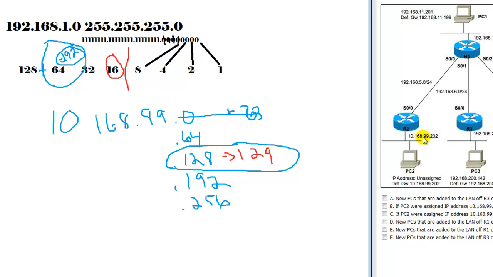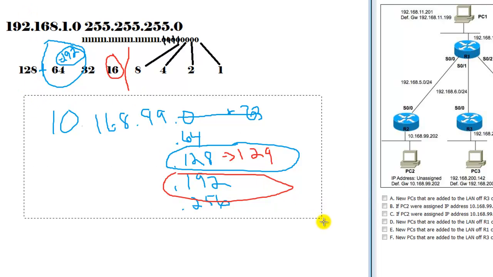But if you look up here, the router is in 202. So the router is in this network. And what's the golden rule? You can't have IP addresses within the same LAN on two different networks. The communication will be lost. So B is also incorrect. So you can't use B.